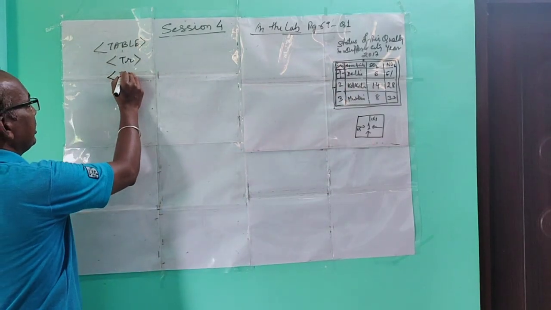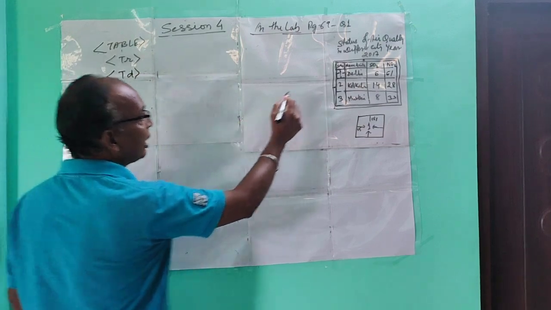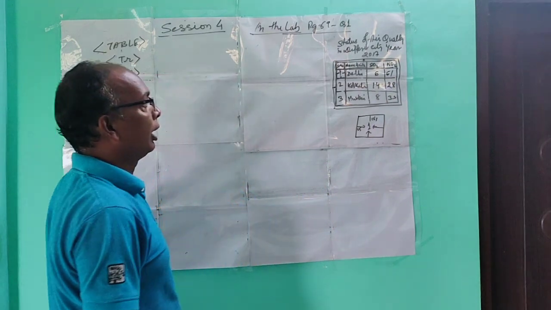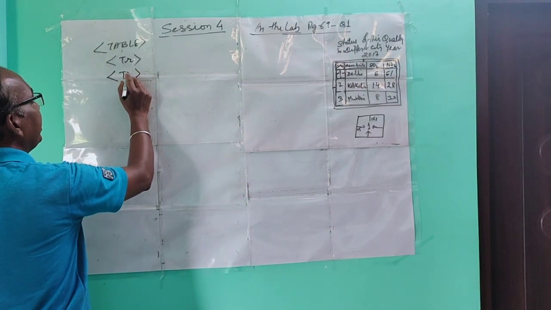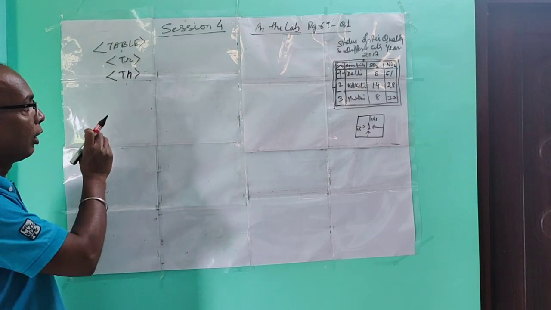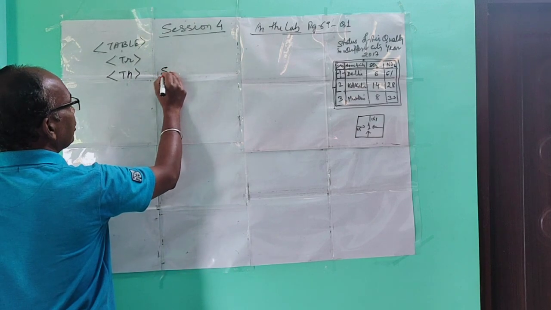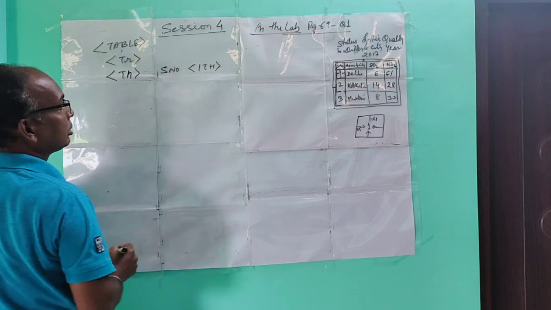Next is the first data, which is the heading of the table: serial number, name, SO2, NO2. So we have to use TH here. TH is used for the heading of the table. So the first data is TH, serial number, then TH close.